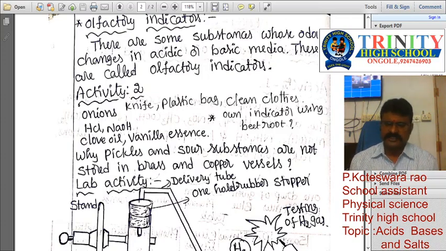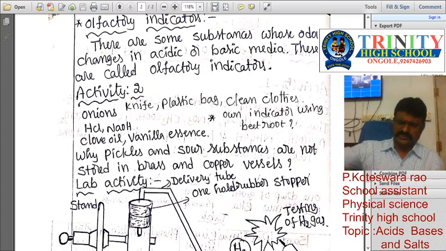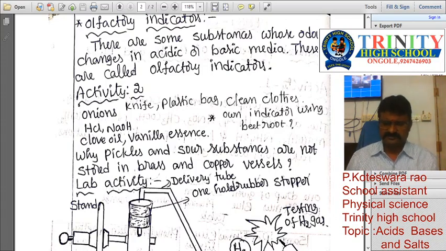Then the total solution is filtered with the help of filter paper. We can take the downside solution. It is called filtrate. The remaining waste we can remove outside.